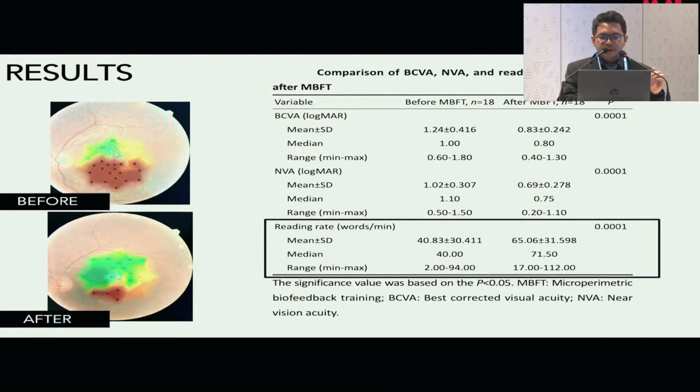After the training, the fixations become more concentrated in the superior right retinal area, which is the designated TRL, which has better stability and higher sensitivity. This shift in the oculomotor reference points enables the visual system to utilize healthier photoreceptors, improving not just reading speed, but also the fluency and comfort of visual tasks.